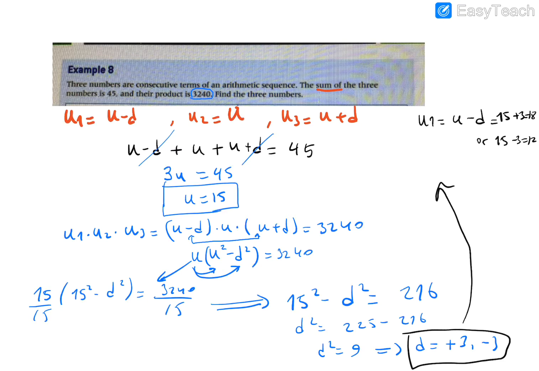The other one is u2 equal to u, which is only 15, and u3 is u plus d, which is 15 plus 3, which is 18, or 15 minus 3, which is 12. So the number for the first term will be either 12 or 18, the second one will be 15, and the third one will be 18 or 12.